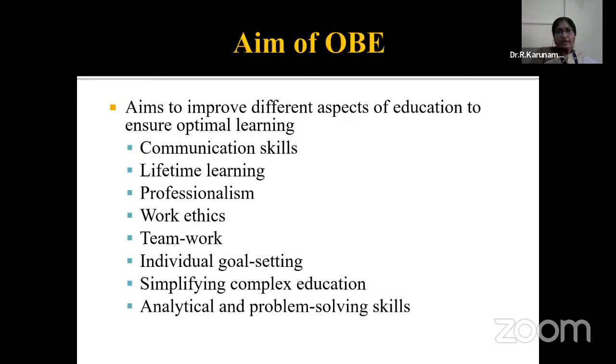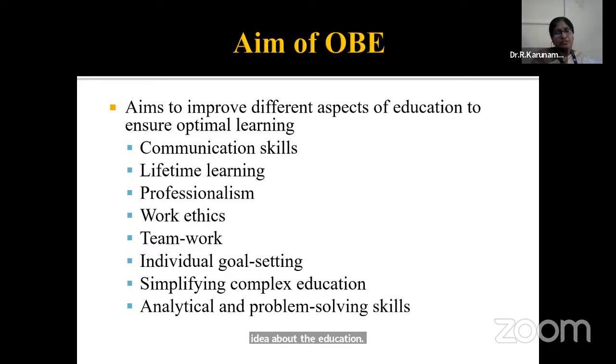Why outcome-based education? One very big reason is it is an innovative theory. It has included a lot of innovative approaches in it. It provides a lot of opportunities for students to prove their skills at different levels. It gives a very clear idea about the education.